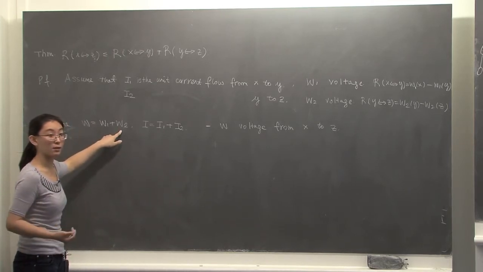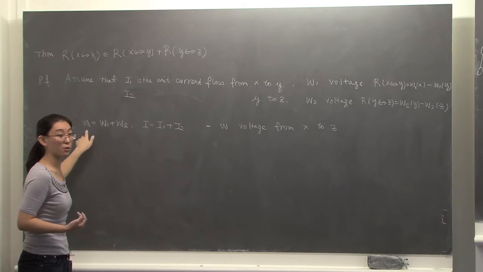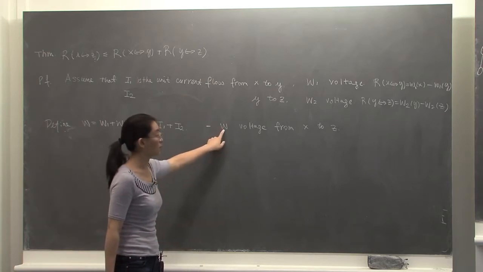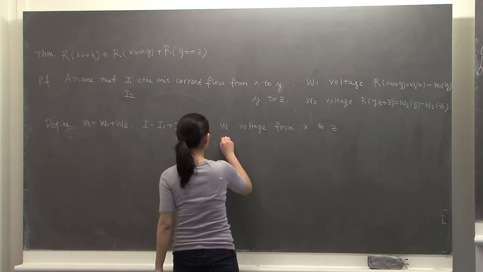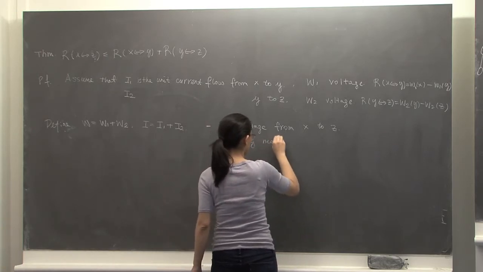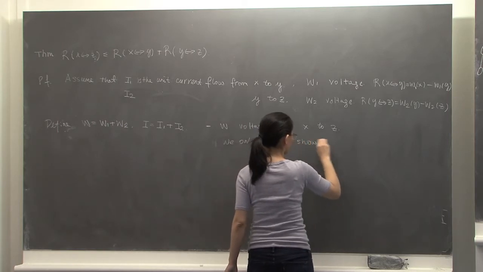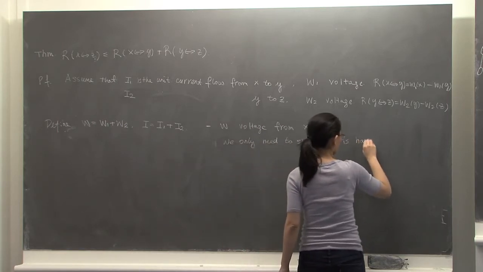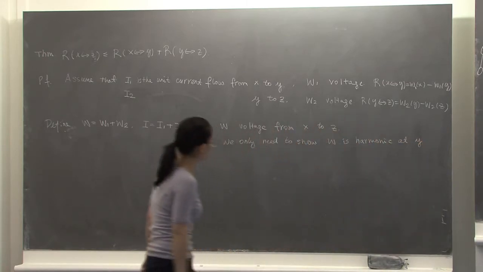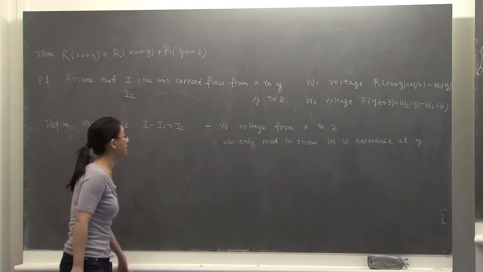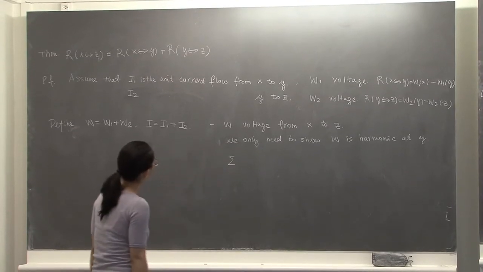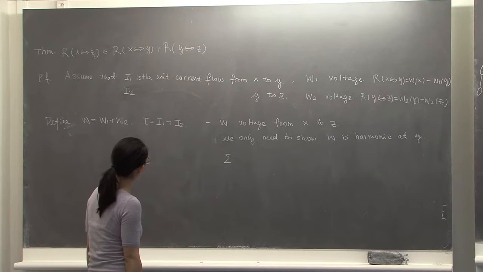Outside the vertices X, Y, Z, both of them are harmonic functions, so W is also harmonic outside X, Y, and Z. So we only need to show that W is also harmonic at Y. So we only need to check what happens at vertex Y. At vertex Y, it is harmonic.